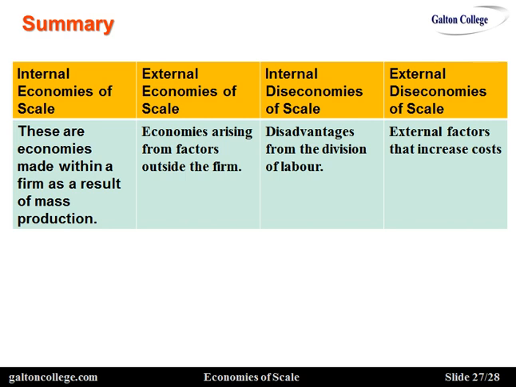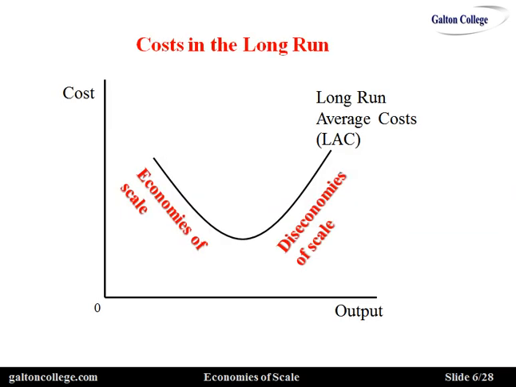So if we go back to our picture from earlier on, we now have an idea of what causes economies of scale, economies of size, leading to reductions in the long run average cost. And we also have diseconomies of scale, which lead to increasing average costs.